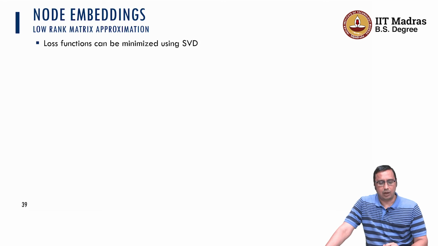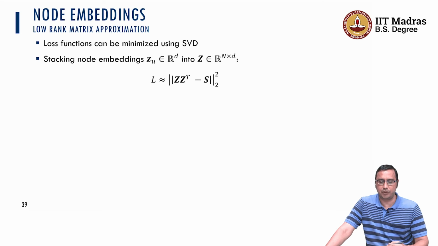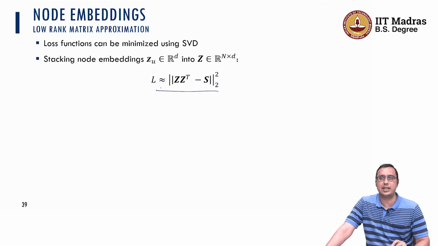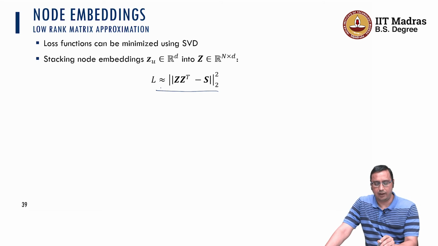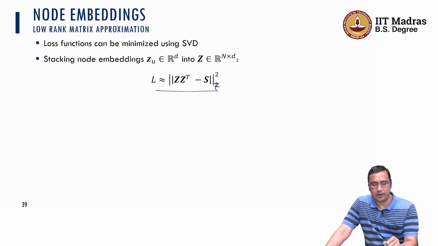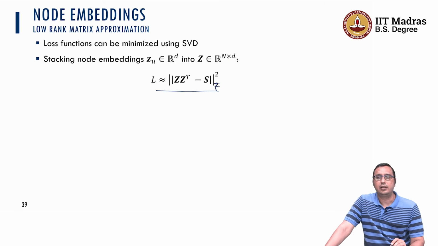Now, how can we find a solution for low rank matrix factorization? We can use singular value decomposition to do that. Remember, all of these problems are of the same form, Z transpose minus S, and we try to perform Frobenius norm minimization. Here we are interested in finding Z transpose such that it minimizes this loss function.